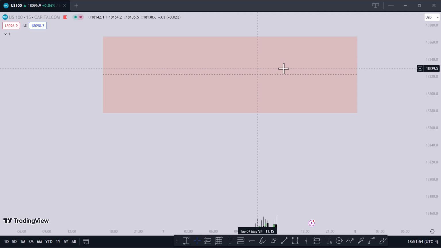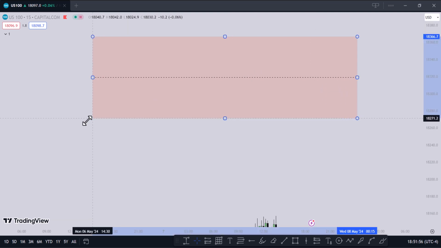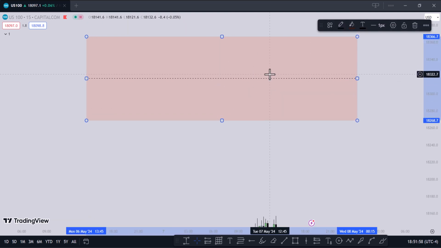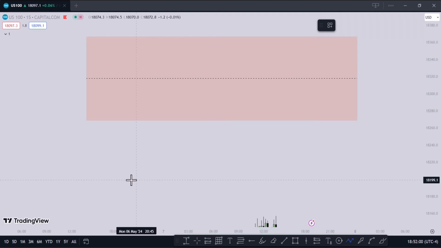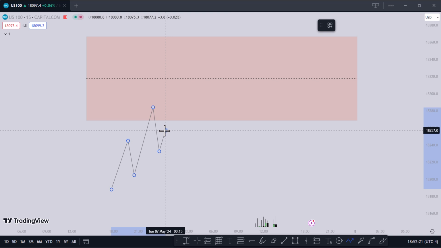Price is trading toward that zone, creating higher highs and higher lows. I'm going to talk very slowly for you to understand, guys. We have something like this.